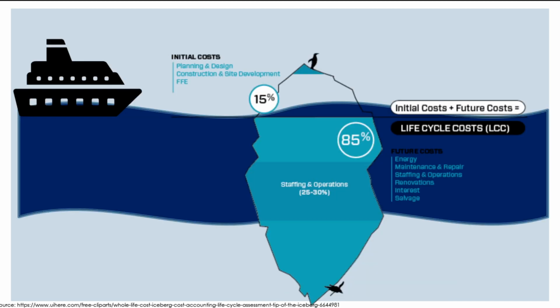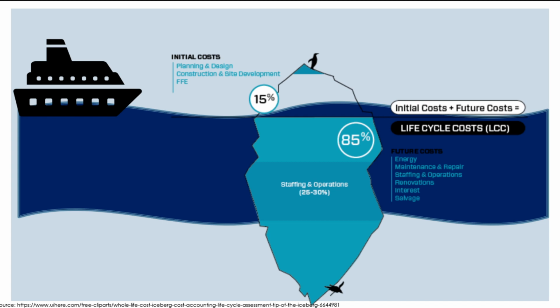Okay, the life cycle cost famously being connected to the iceberg. If you look at the iceberg, the cost that you can see is just a small portion of the actual size of the iceberg. Similarly with the life cycle costing. So the top portion that you can see, for example, this is the Titanic.